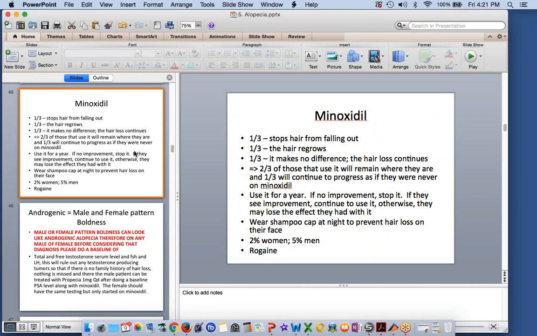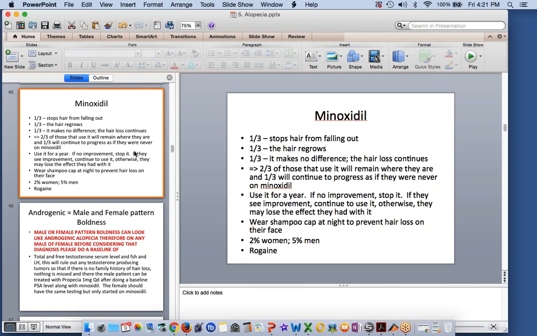So once these are done, if they come back normal with PSA in the male, then the male could be treated using Alopecia 1 milligram, which works very well.